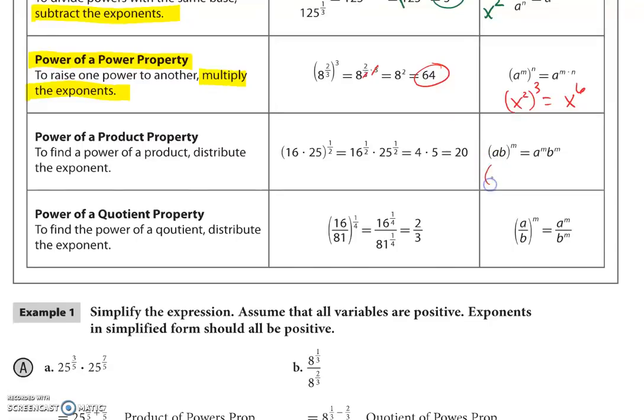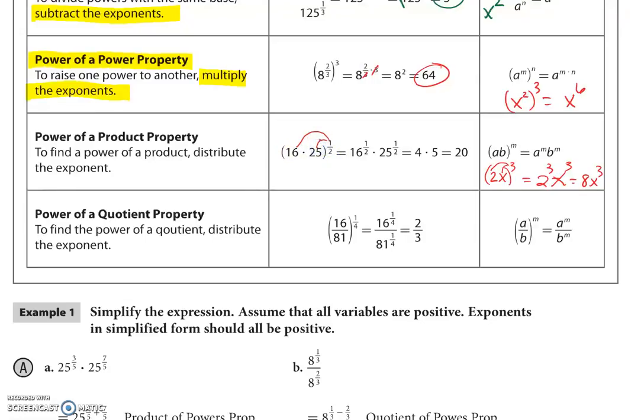For this one, let's say we had 2x to the power of 3. We would have 2x cubed, which is the same thing as distributing that exponent. So 2 to the power of 3 times x to the power of 3, or 8x cubed. So let's do that here. We have 16 times 25, all to the power of 1/2.